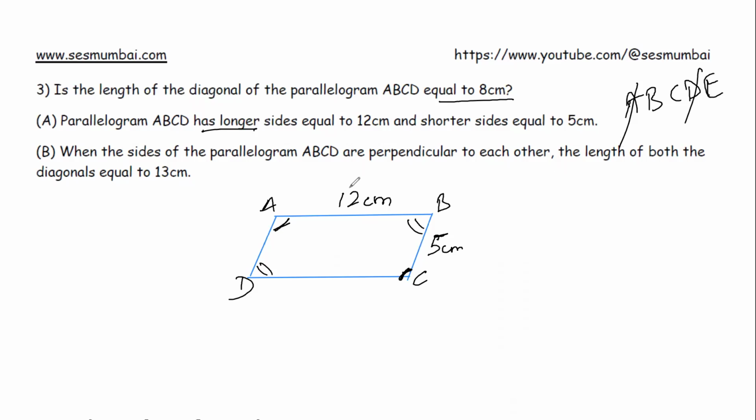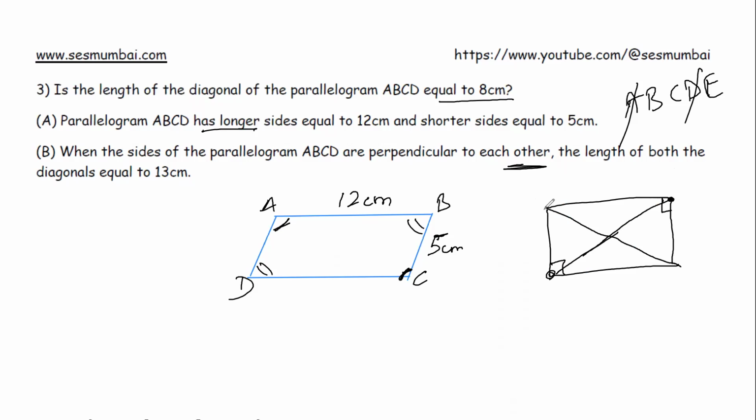Now, second statement. When the sides of the parallelogram ABCD are perpendicular to each other, so now we know the angle is 90 degrees, the length of both the diagonals equal to 13 centimeters. So basically it's saying it's forming a right triangle, right? Okay.